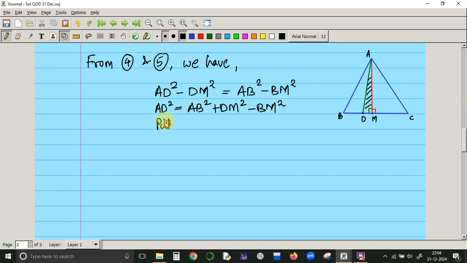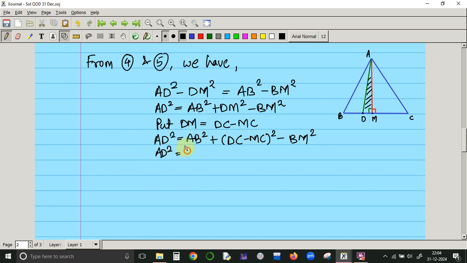So I put DM equals DC minus MC. But we have DM square. So AD square equals AB square plus, instead of DM, (DC minus MC) square minus BM square.